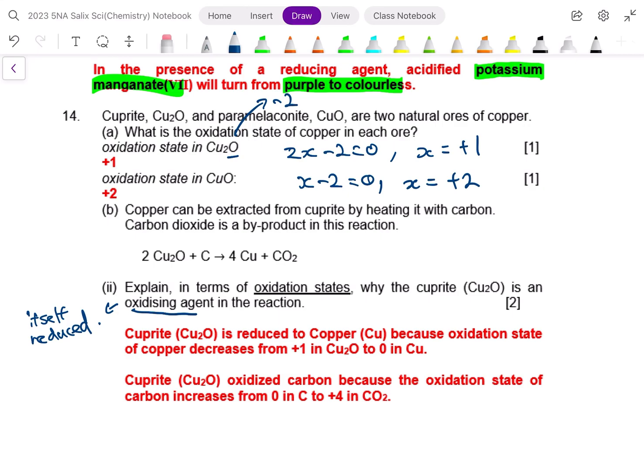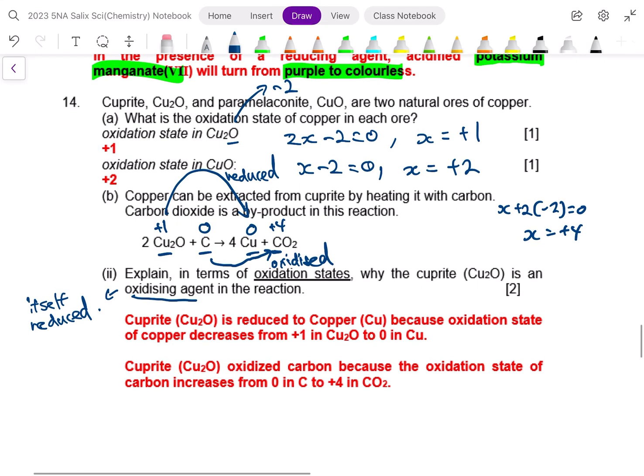Alright, so from the first part, we know that this is plus 1. Then this is 0. So this is the part that gets reduced. Carbon is from 0, and over here, if you want to calculate, it is this way. So this one is plus 4, so this one is oxidized.